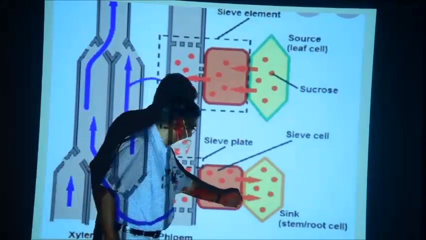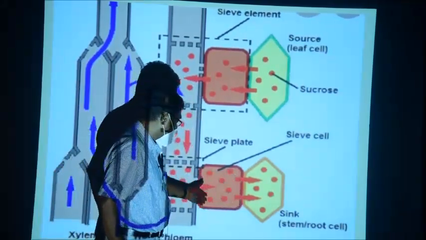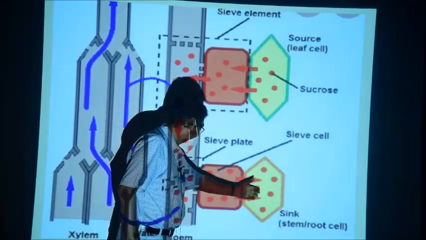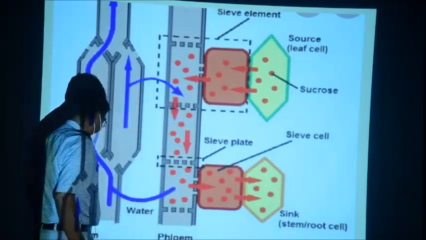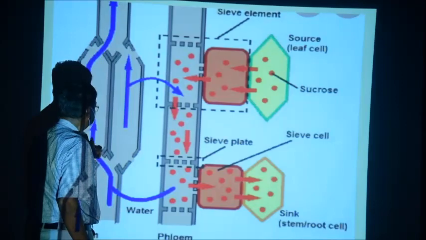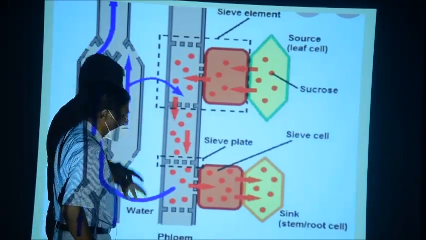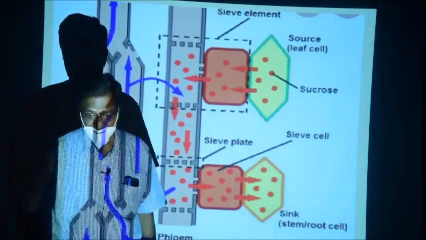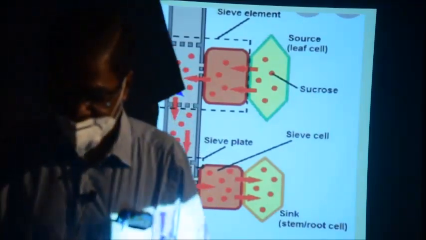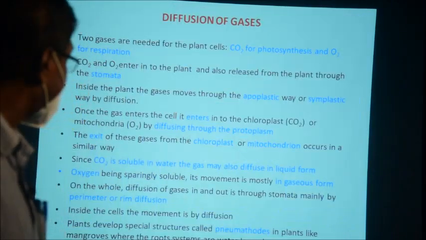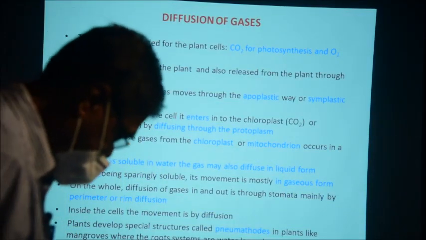It is the sink, that is stem or root. Now it enters here and water moves through the xylem upwards and again comes into the picture at the upper portion. This is Munch's mass flow hypothesis.